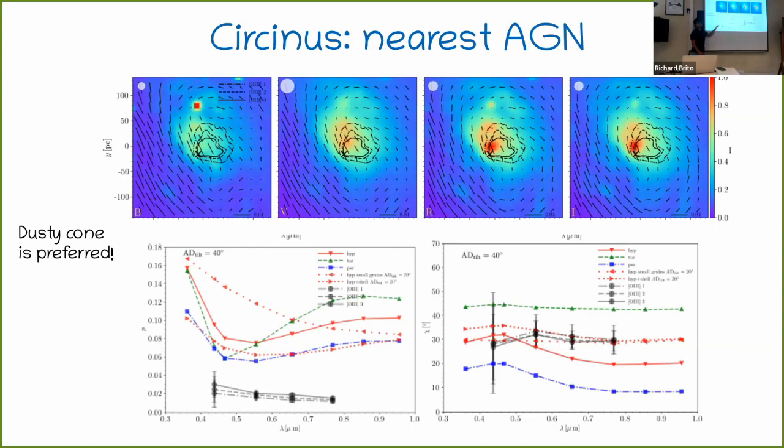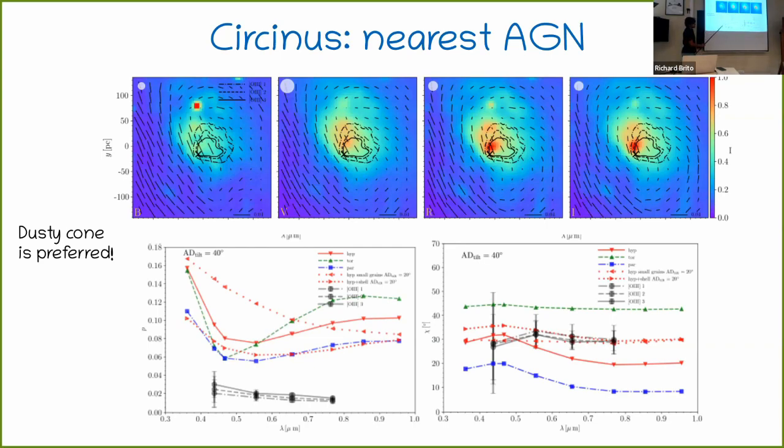So it seems that the data is not able to, or the models are not able to reproduce this data. But the reason for this is that you are getting a lot of depolarization, a lot of light from the galaxy that is non-polarized, right? So the AGN, these models are only AGN, but we have light of AGN and galaxy. So it makes sense that the polarization is actually lower.